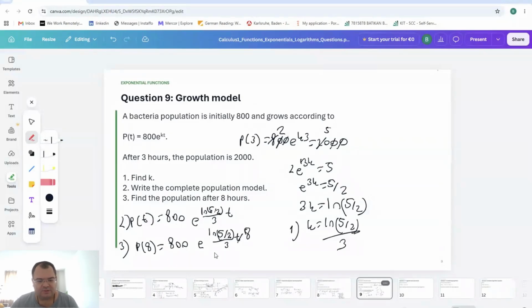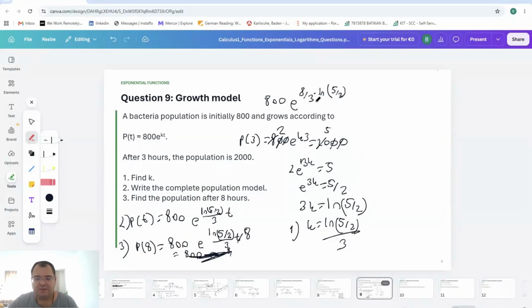I have just realized that this can further be simplified, because you have essentially 800 here, e as the base, and in the exponent you have ln. It is better to write that as 800 e to the 8 over 3 times ln 5 over 2.